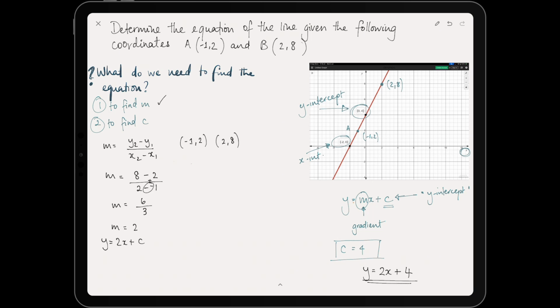But I want to prove that c equals 4 using one of the coordinates I've been given. So that was part 1, and to find part 2, we need to now substitute coordinates. Let's substitute coordinate A.